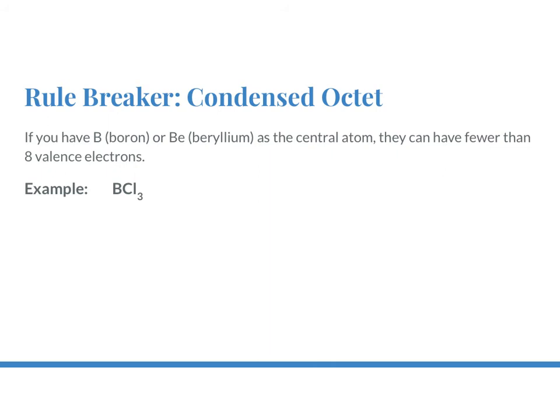All right, sometimes if you have boron or beryllium as your center atom, they can have fewer than 8 valence electrons. So in the case of BCl3, I know that boron is supposed to have 3 valence electrons, and each of these chlorines should have 7. So that is 21, 22, 23, 24 electrons total. All right, I'm going to put my boron in the middle.